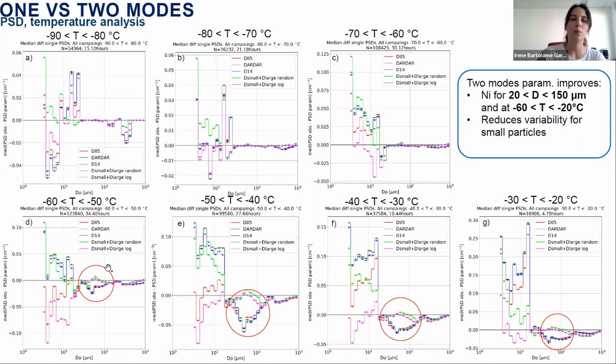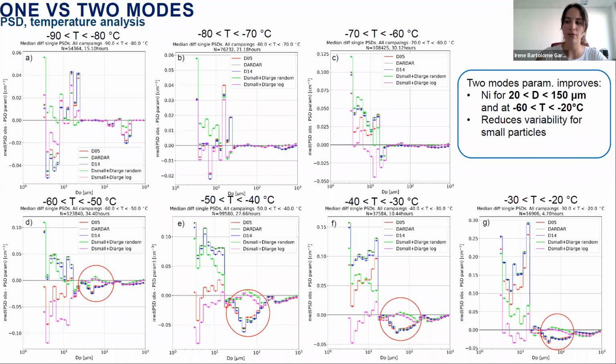It's when the modality starts to play a role, for the warmer temperatures, that the improvement is mostly seen in this area. So the two modes improve the reconstruction of the PSDs between 20 and 100 microns for temperatures warmer than -60 degrees.